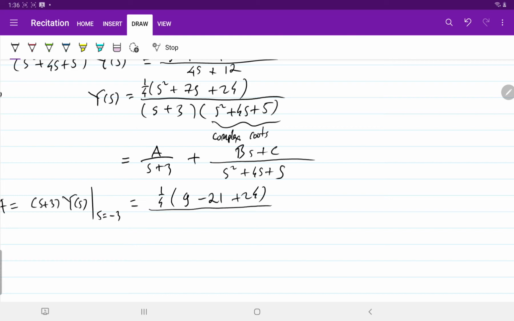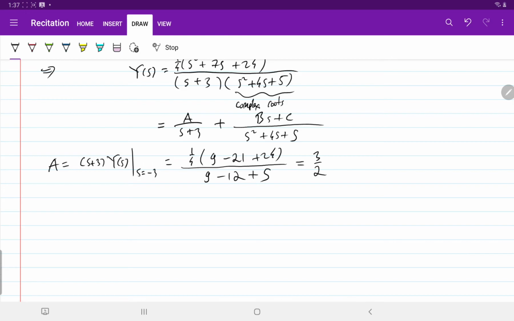This is gone, you have this. S is minus 3, you have 9 again, and then minus 12 plus 5. You can simplify this, and if my calculation is correct, it should be equal to 3 over 2.